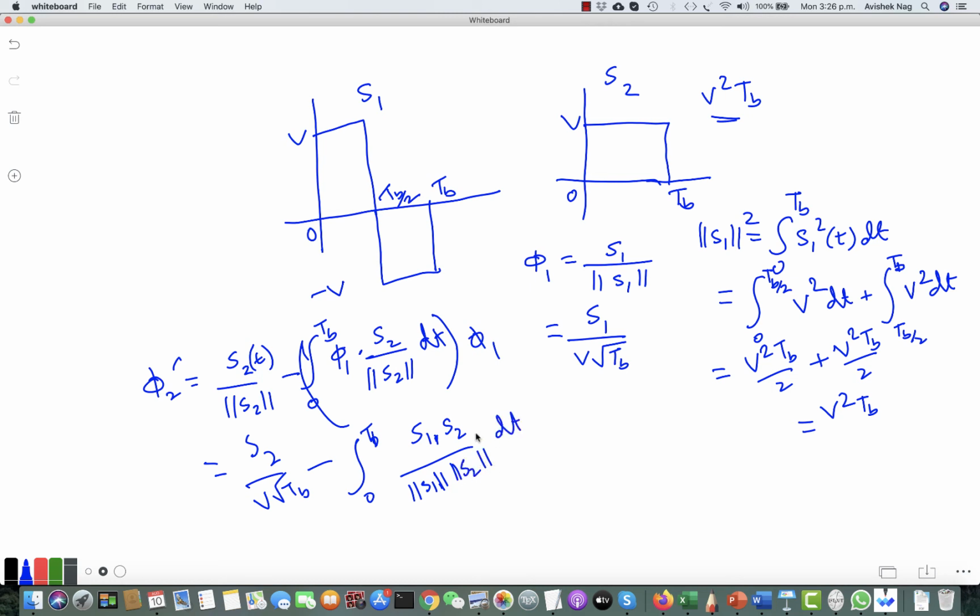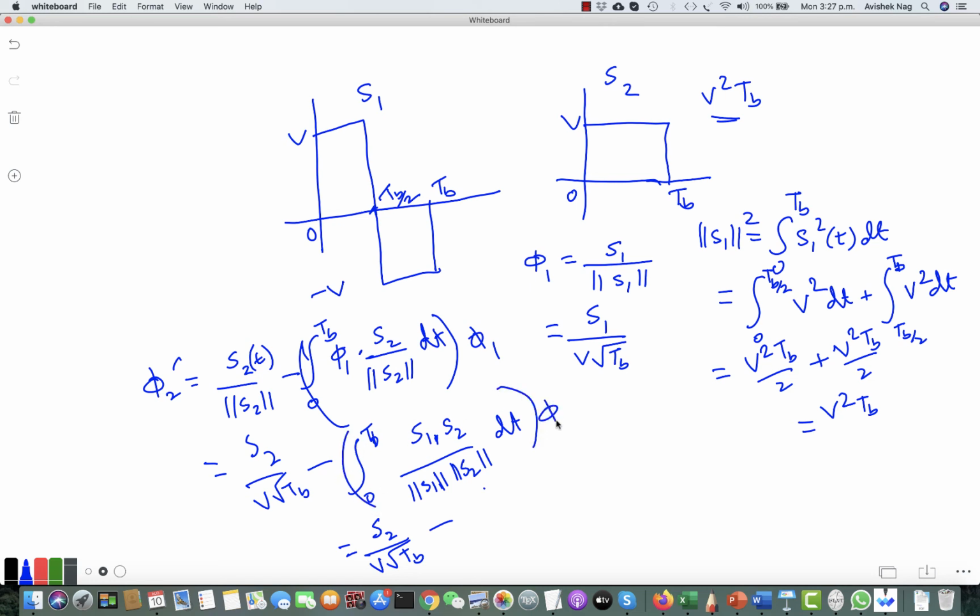S1 times S2 is basically V squared between 0 and TB by 2 and minus V squared between TB by 2 and TB. Okay, so if you split this, part remains the same, minus, if you split this between 0 to TB by 2 and TB by 2 to TB.